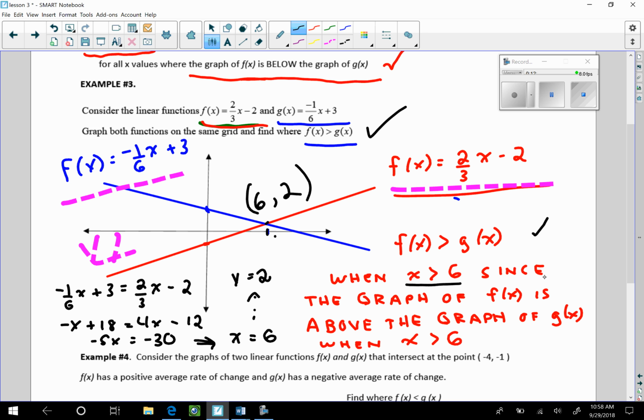And here's the important part: since the graph of f of x is above the graph of g of x when x is greater than 6. This is the part that you will certainly be assessed on, the reason why one graph is above or greater than another graph, or when one function is greater than another function.